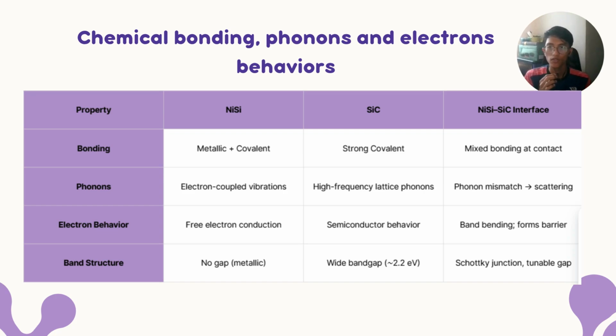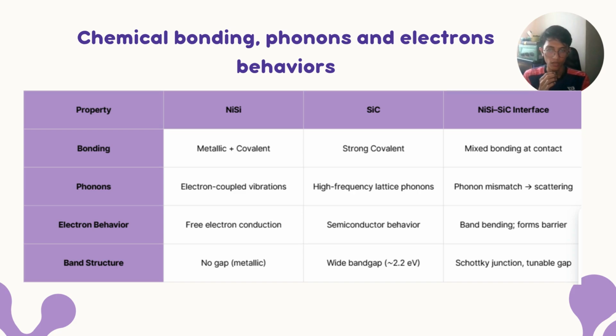We know that phonons are quantized lattice vibrations and play a key role in thermal conductivity. With SiC, its strong covalent bonds allow high phonon velocity, which makes it excellent for high temperature applications. For NiSi, the metallic bonding allows electron-phonon interactions.